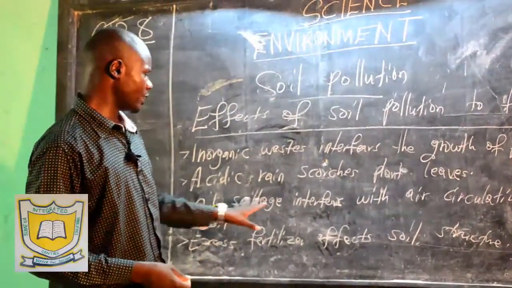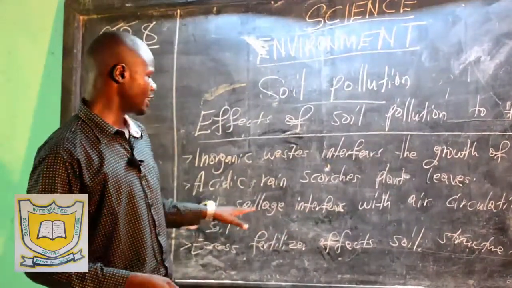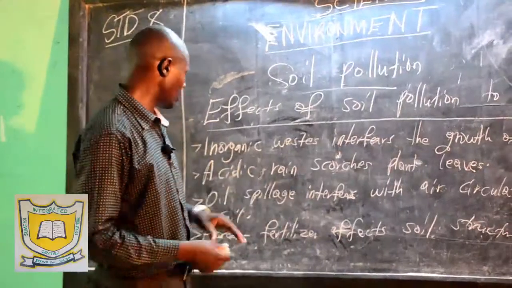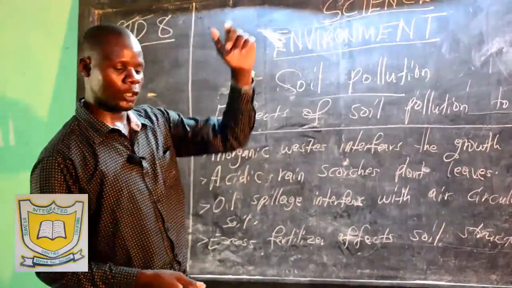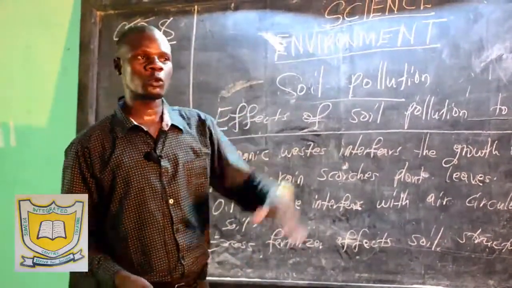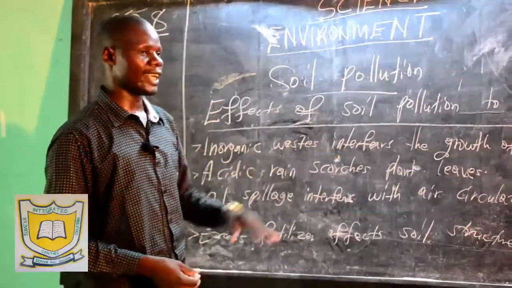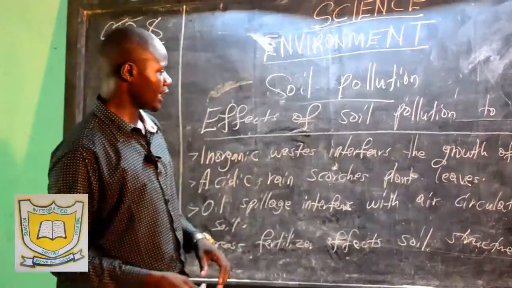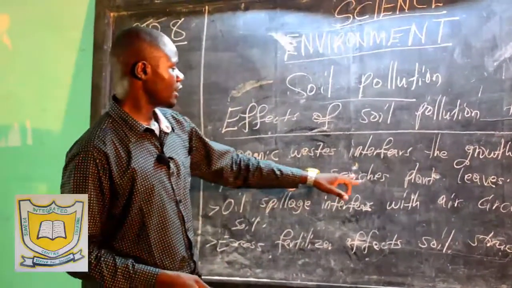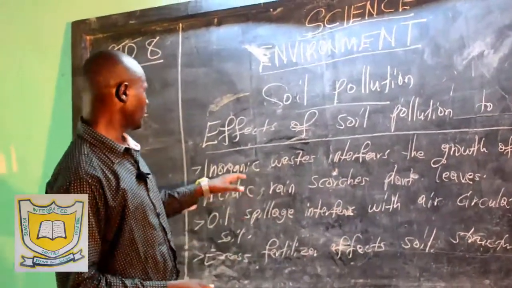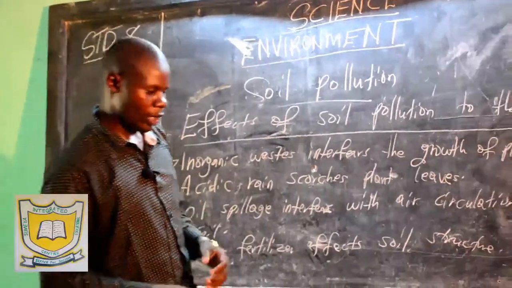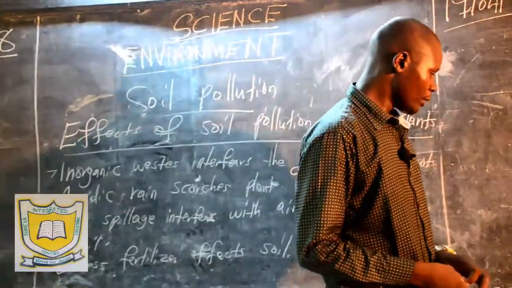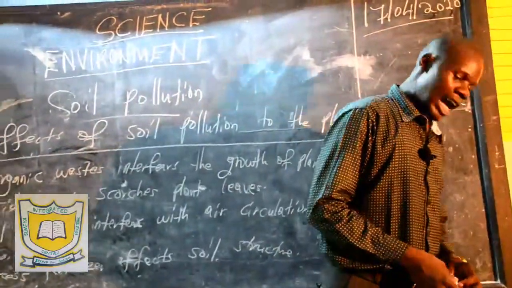We have talked about the interference of oil spillage with air circulation. We will have a problem with air circulation, of which oxygen and carbon dioxide are very important to plant growth. And then acidic rain scorches and burns the leaves, and we cannot have a good yield. Then we have inorganic material, of which I talked about the plastics and the polythene bags.